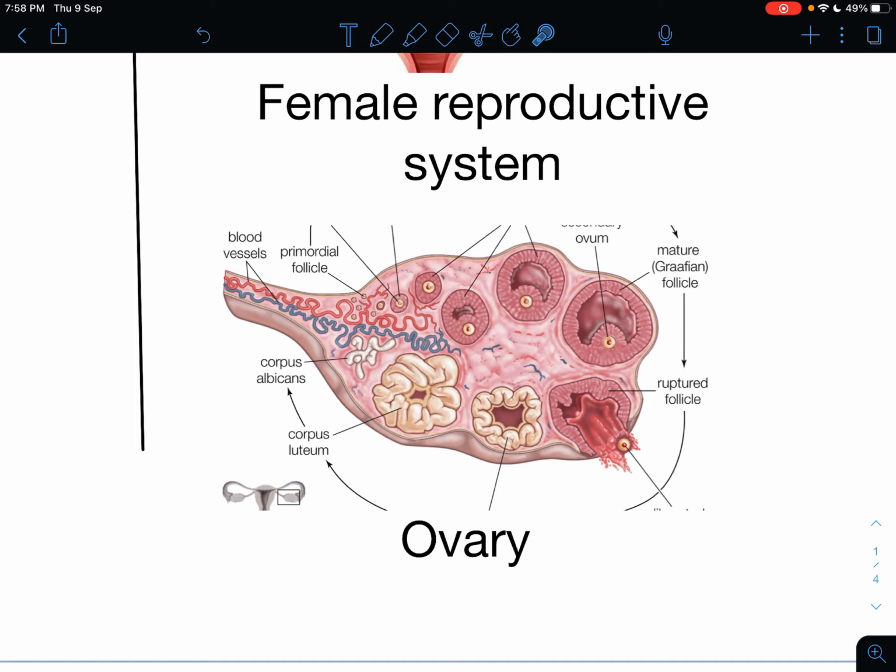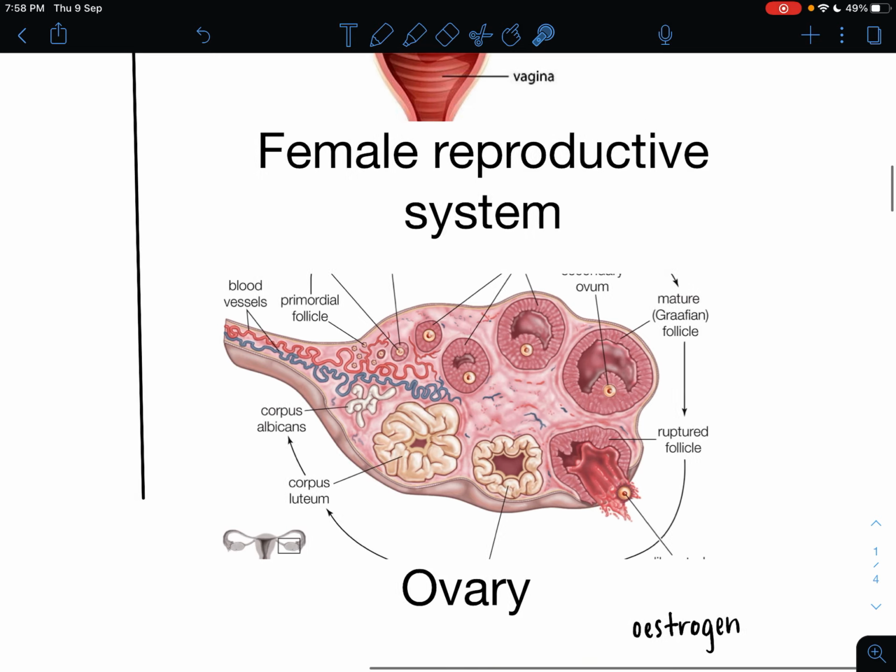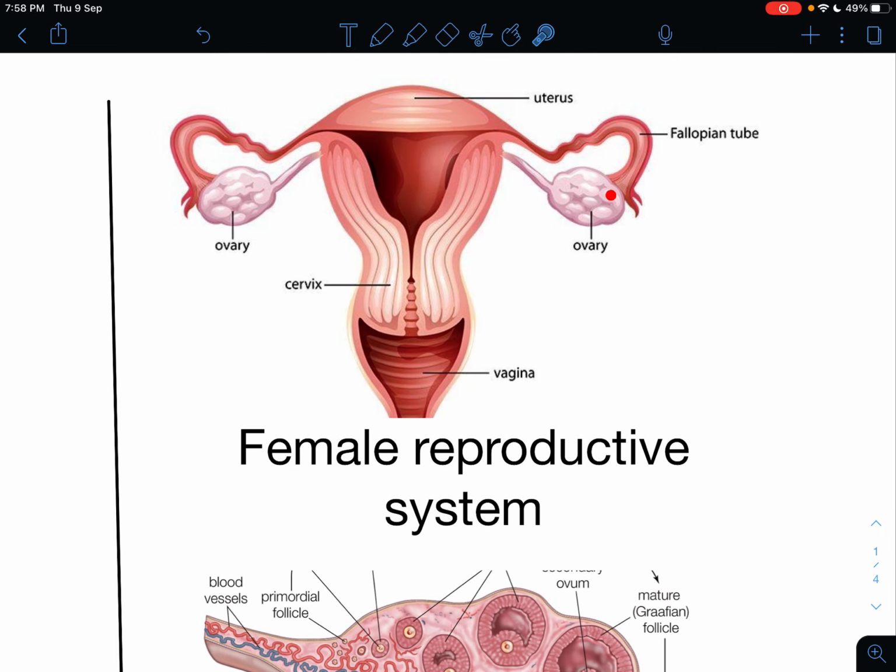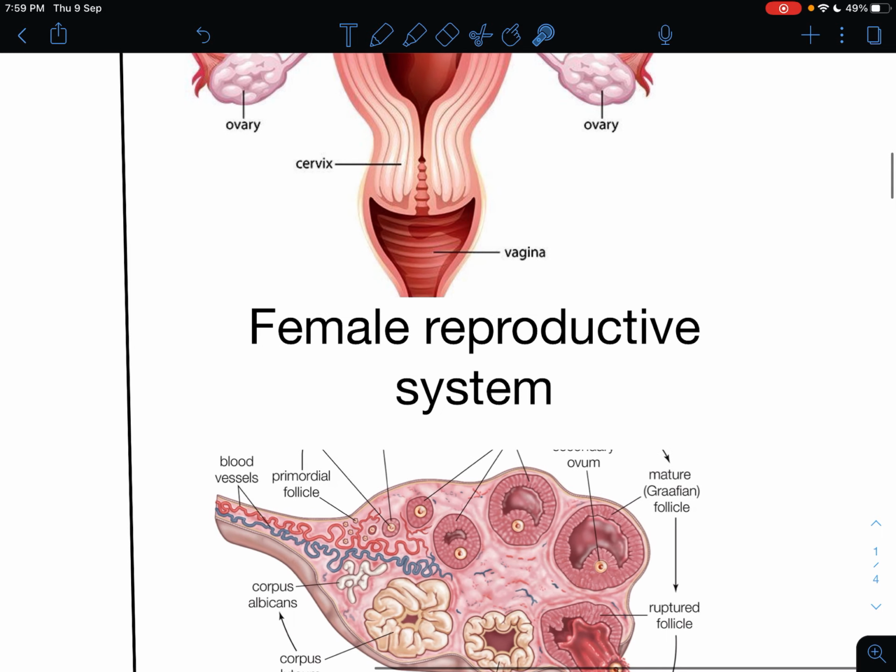Every month as the follicle matures, the maturing follicle will release estrogen. On a monthly basis, during ovulation, the matured follicle will then be released from the ovary and enters the fallopian tube to wait for fertilization to happen.